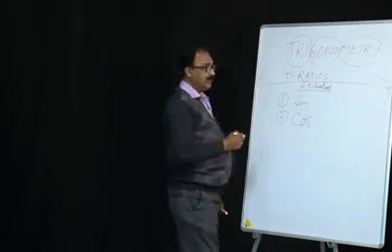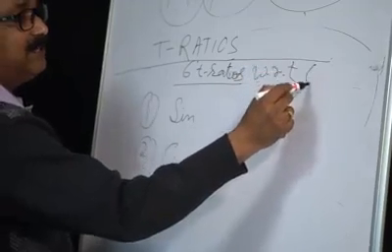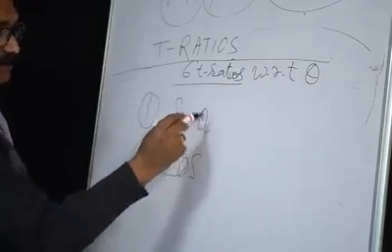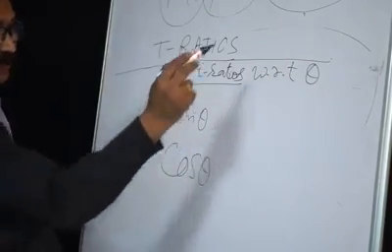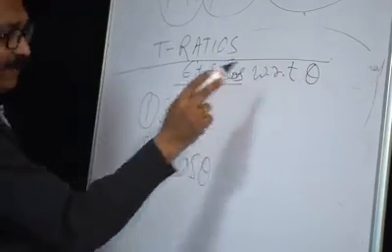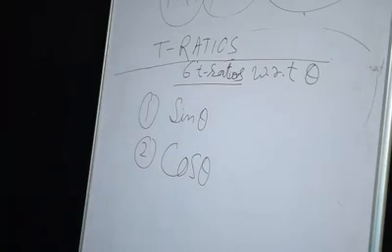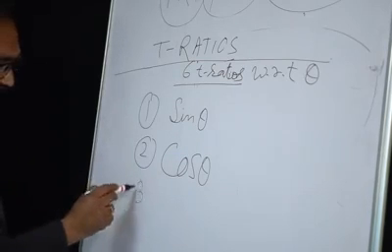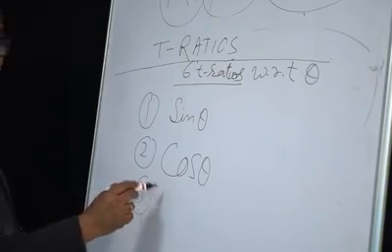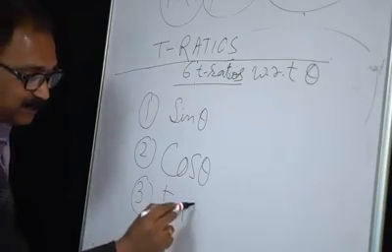If the T ratio is with respect to angle theta, then we write sin theta, cos theta. If it is alpha, sin alpha, cos alpha. If it is angle A, sin A, cos A. Understood? Now look here, number 3 is tangent, but we use tan theta.